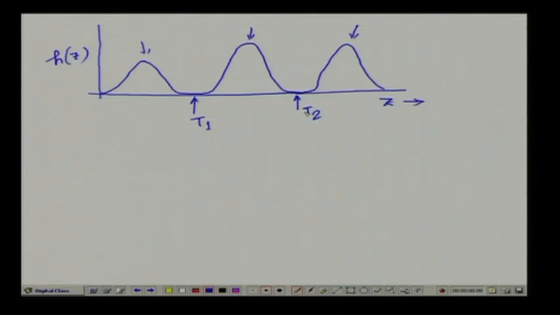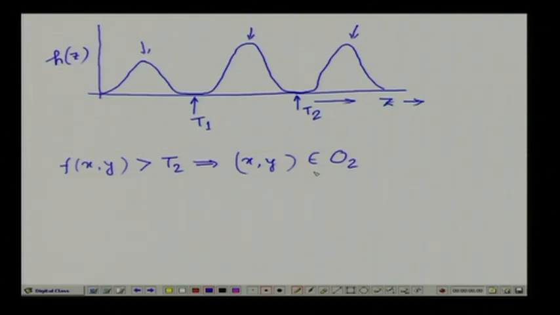Here our decision rule can be something like this: if we find that the intensity value f x y at a pixel location x y is greater than threshold T 2, then we say that the point x y belongs to object O 2. So, all the pixels having intensity values greater than T 2, we say that they belong to the object O 2.